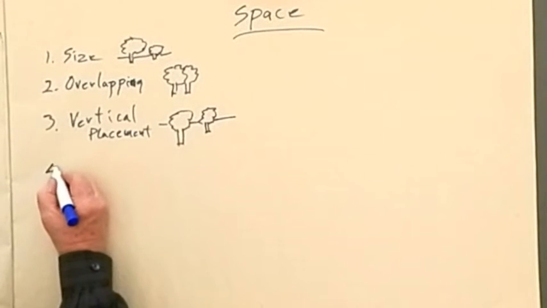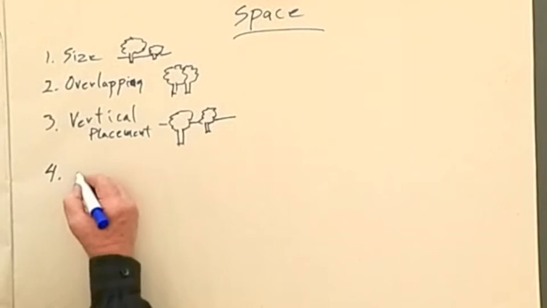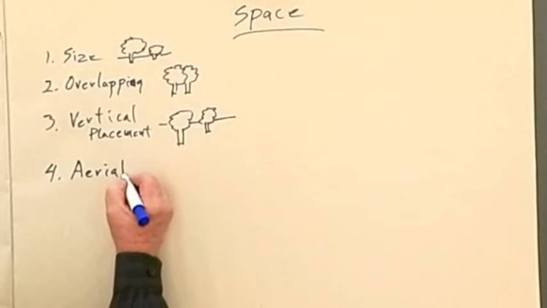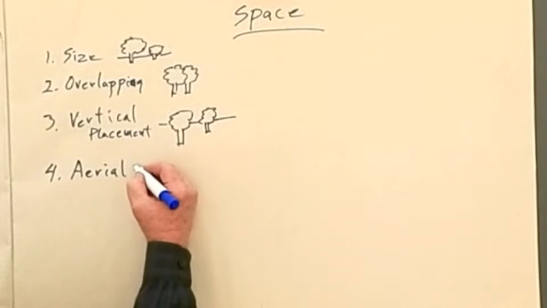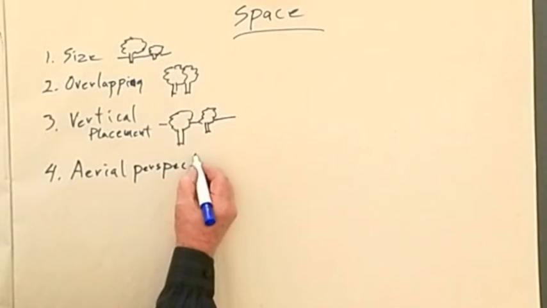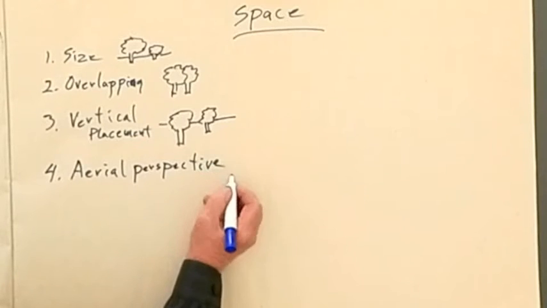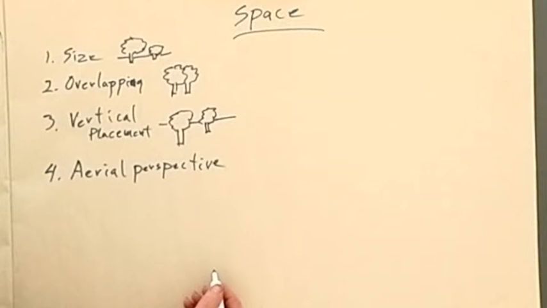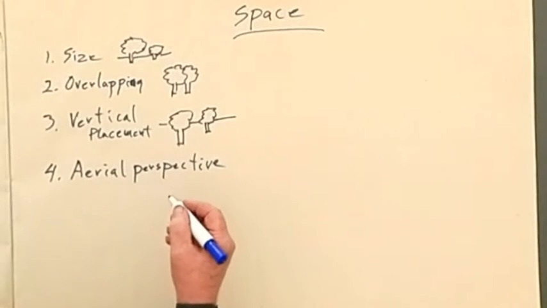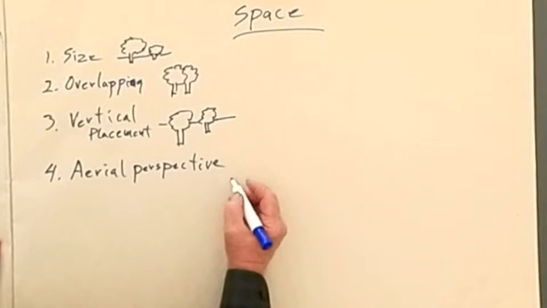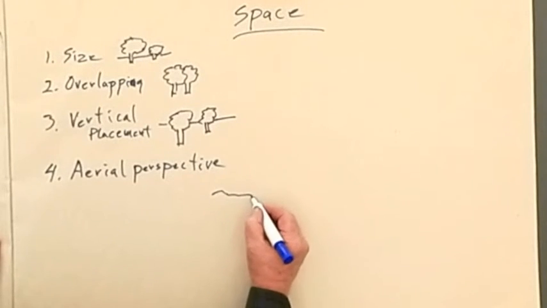The fourth one goes back to Da Vinci, and it's aerial perspective, also called atmospheric perspective, because it has to do with things fading into the distance in the atmosphere. So, aerial perspective. I'm doing a little drawing to illustrate the idea, but you really can't do it with a pen because you need to have paint or something that gets lighter as it goes back.